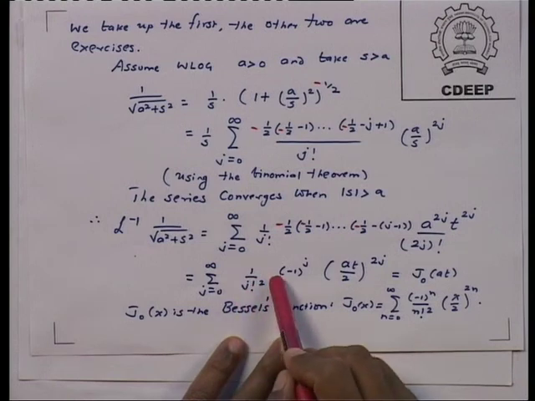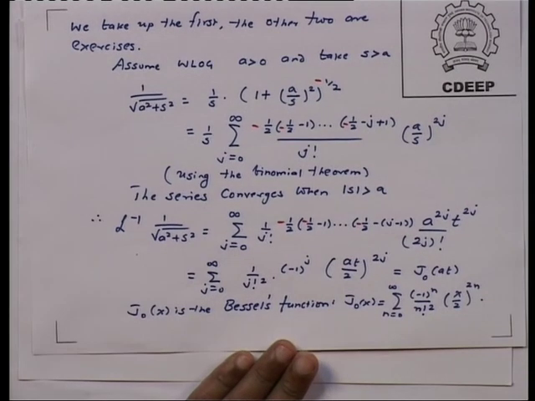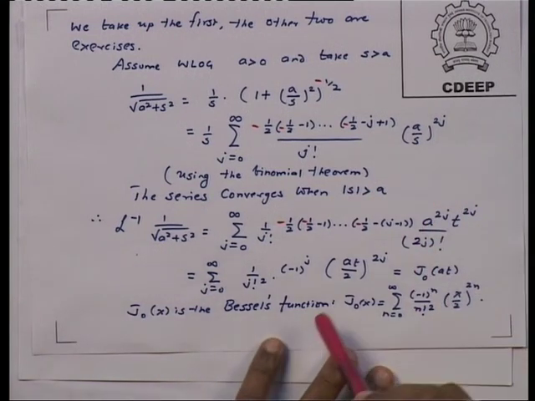Where is the j factorial squared coming from? One from here and one from trying to make the product in the numerator into a factorial, 1 into 3 into 5 into 7 etc. I introduce in numerator and denominator 2 into 4 into 6 into 8 etc. So, the numerator simply becomes 2j factorial, the denominator becomes 2 to the power j factorial. One more 2 to the power j has come, and so that becomes a 2 to the power 2j and a j factorial squared, and there is a minus 1 to the power j, correct.